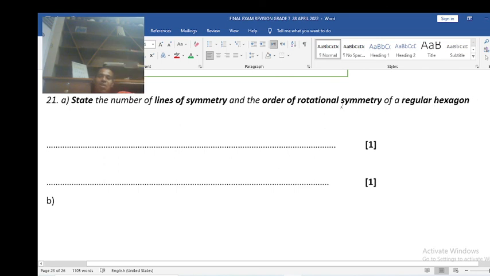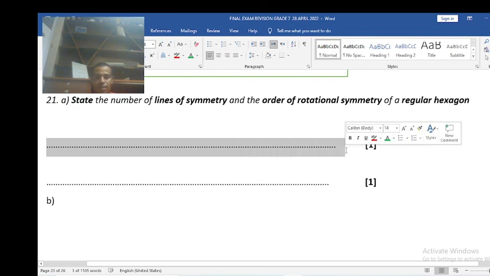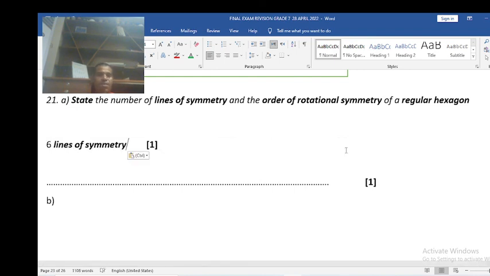As it is regular, according to the number of sides, it has 6 lines of symmetry.